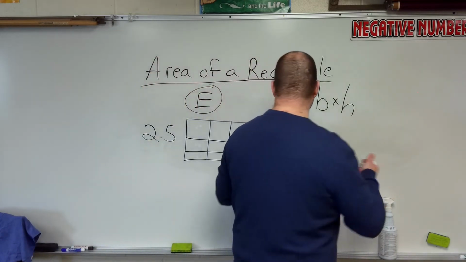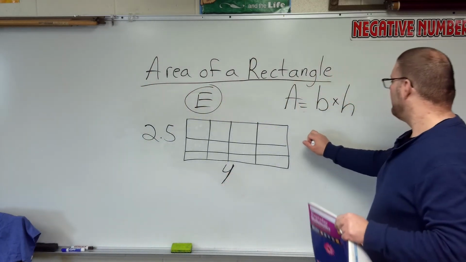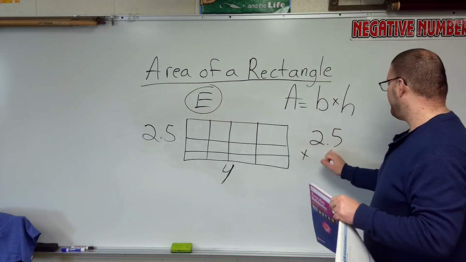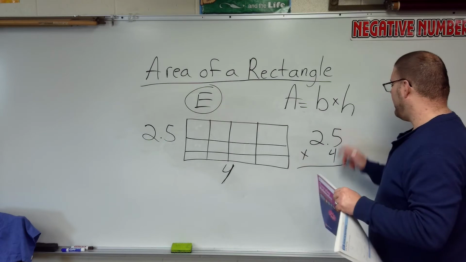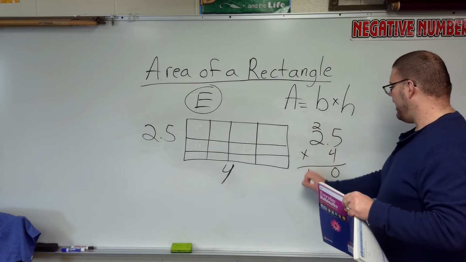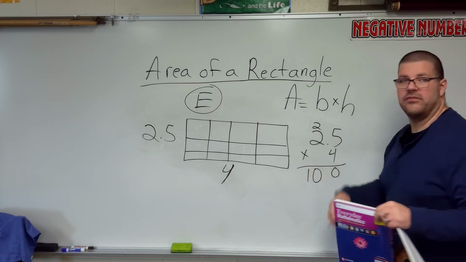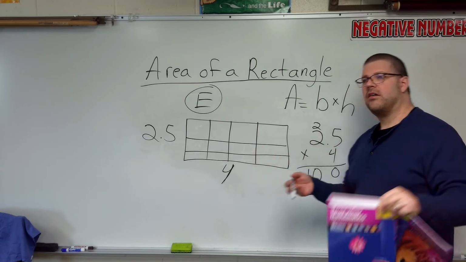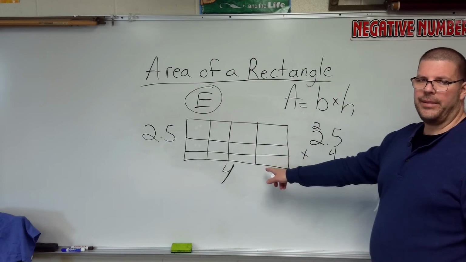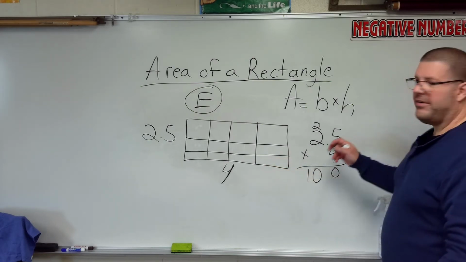All right? So 2.5 times 4. 5 times 4 is 20. 4 times 2 is 8. Add that, 10. Okay? But obviously this is not 100 units. Remember, that's a little trick.